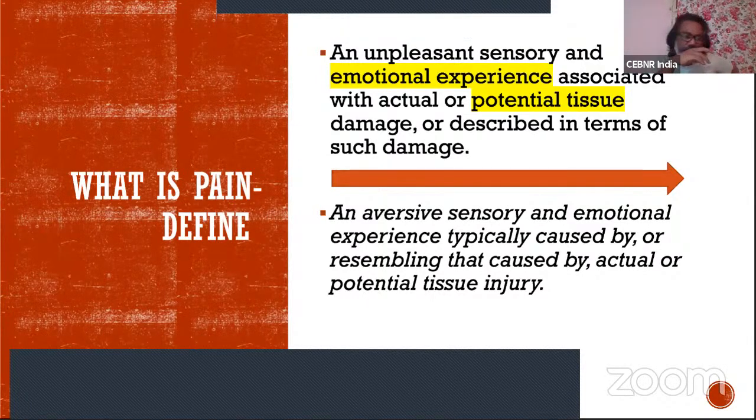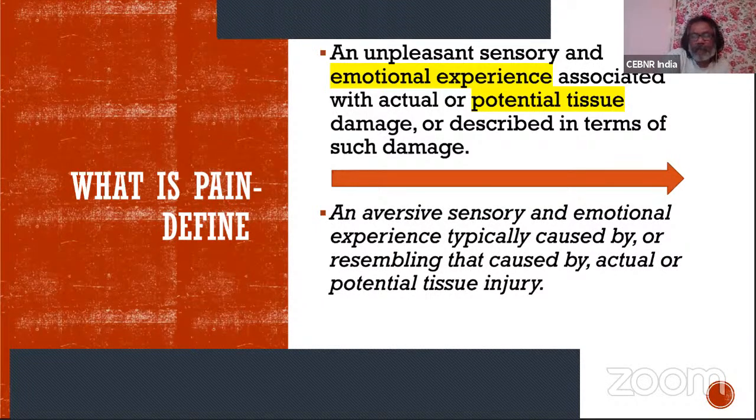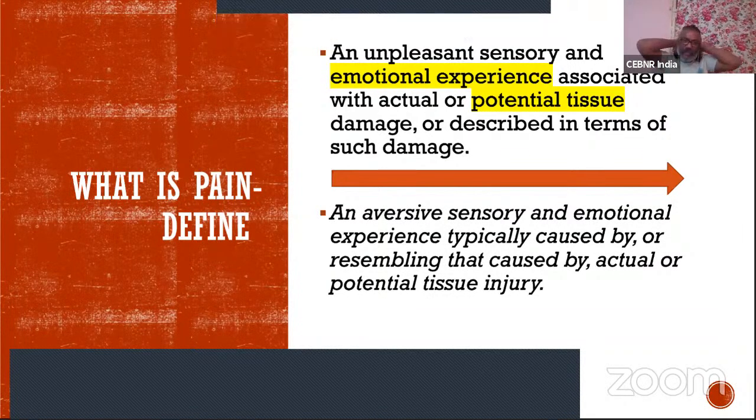That is vital, and a lot of people tend to forget that it's an emotional experience. I'll tell you what's an emotional experience also. Because you don't just feel pain, you get changes in your brain which are cognitive in nature, emotional in nature, that kind of thing.